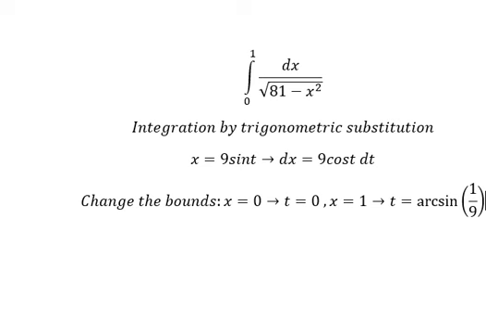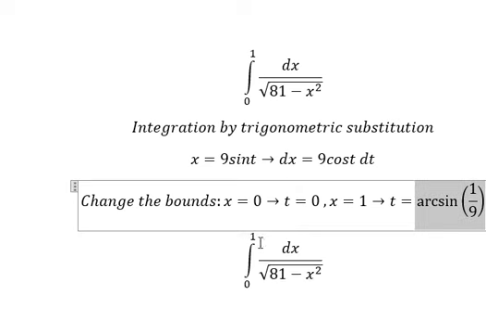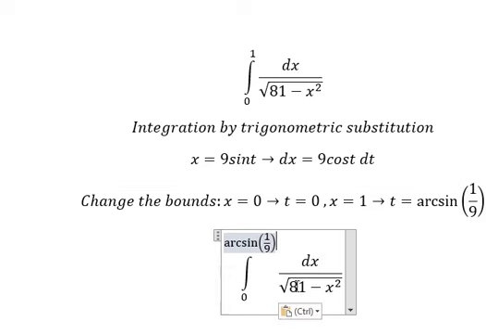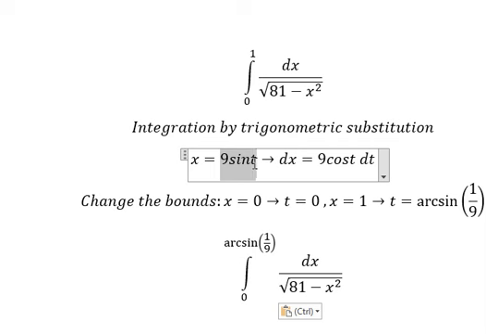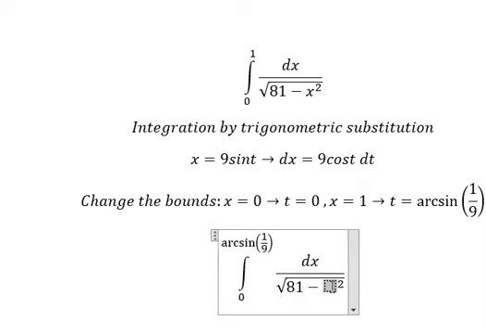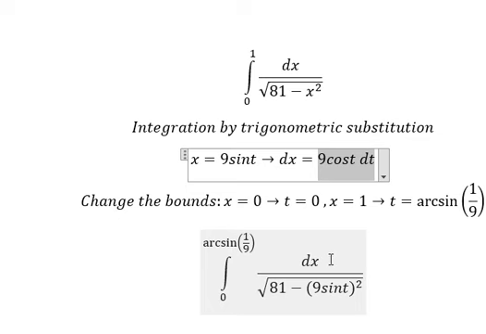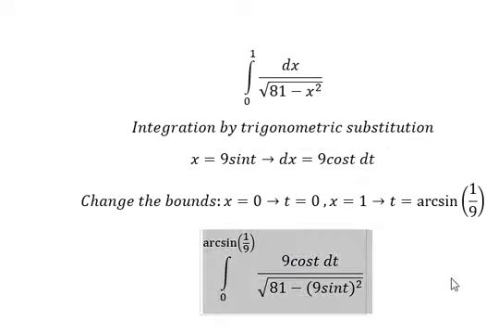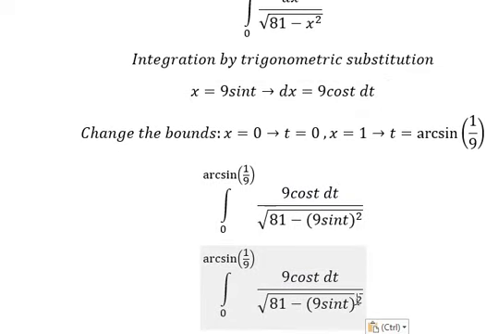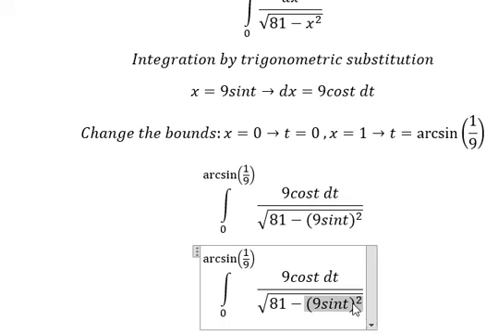So I will put this one here. x we change for this one. dx we change for this one. So this one, that is 81 sine t squared.